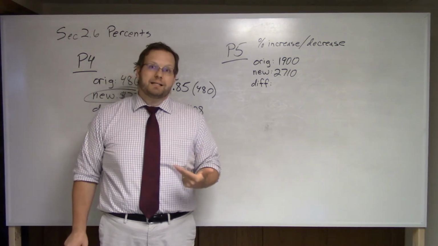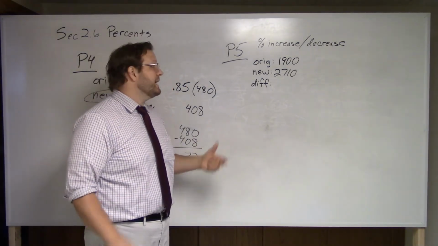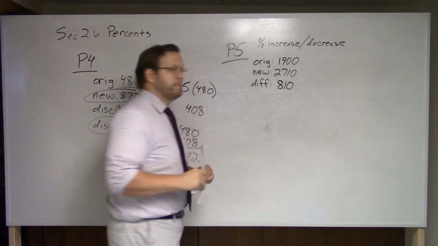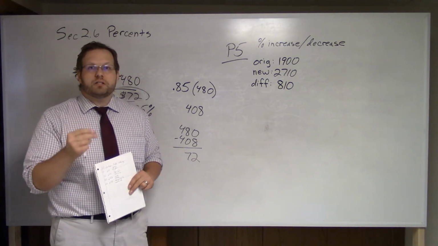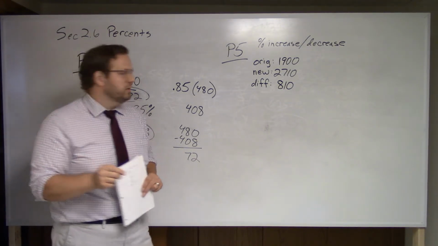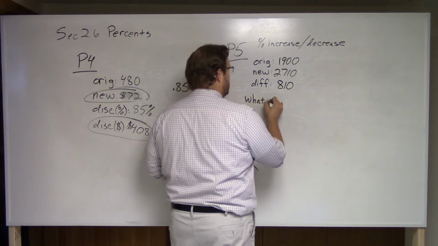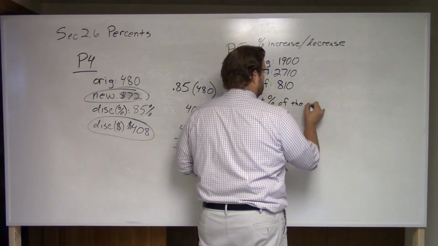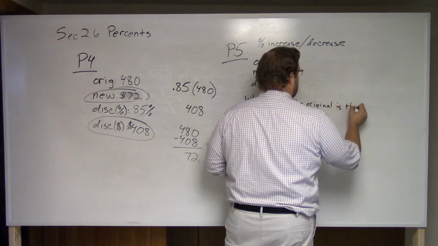Okay, make it positive. So 2,710 minus 1,900 is 810. Okay, there's your difference. Now, the question that they're really asking us here is this. What percent of the original is the difference?